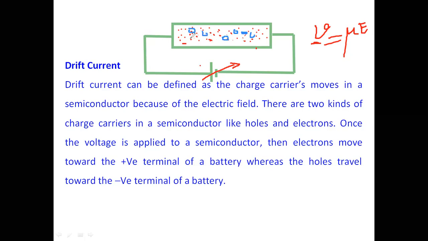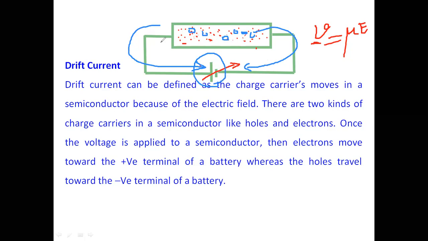The electrons will be attracted towards the positive terminal of the voltage supply, and the holes will be attracted towards the negative terminal. The movement of charge carriers constitutes electric current, and here the charge carriers are moving under the influence of an external field.